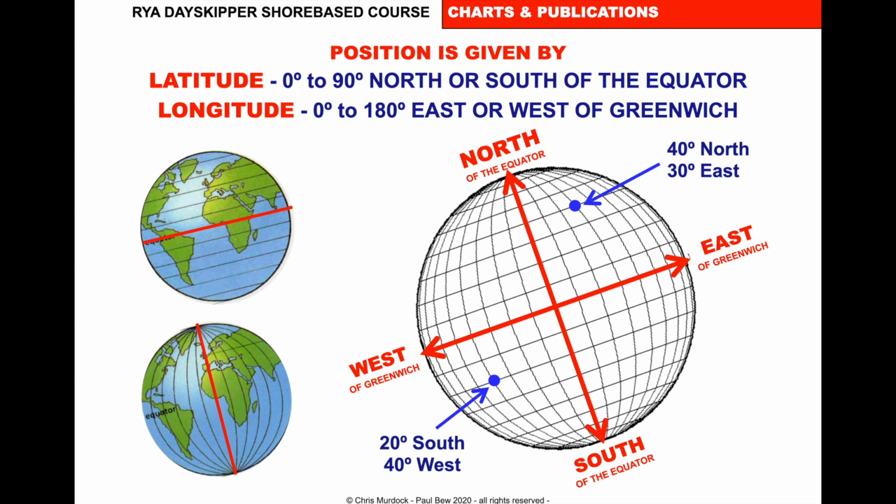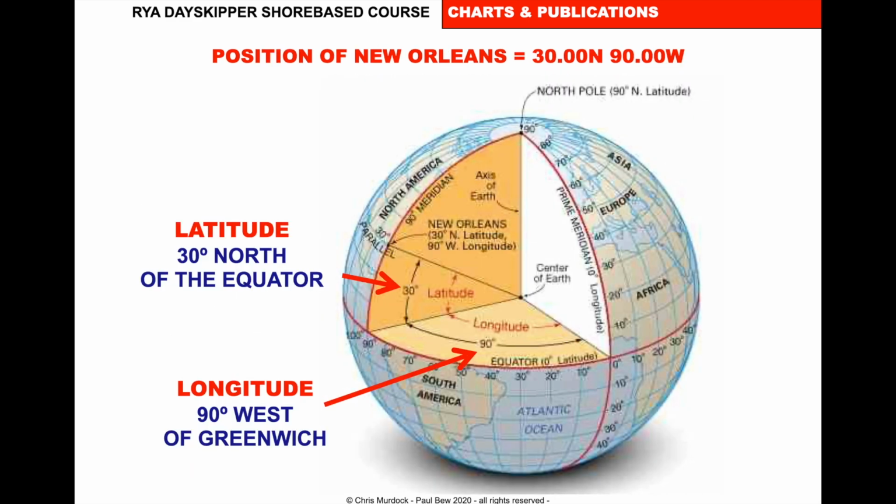Latitude is measured 0 to 90 degrees north or south of the equator, which we've said, and the longitude is measured 0 to 180 degrees east or west of Greenwich. So now we have a grid system. We can work out our position anywhere in the world, north or south of the equator, east and west of Greenwich.